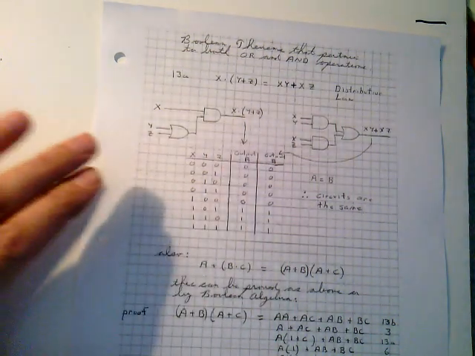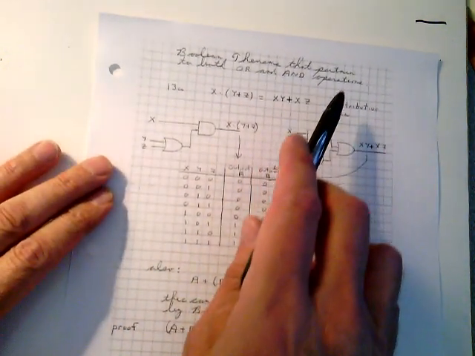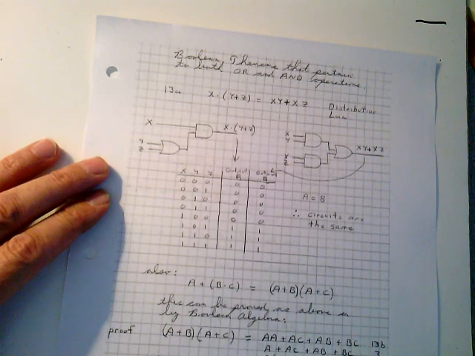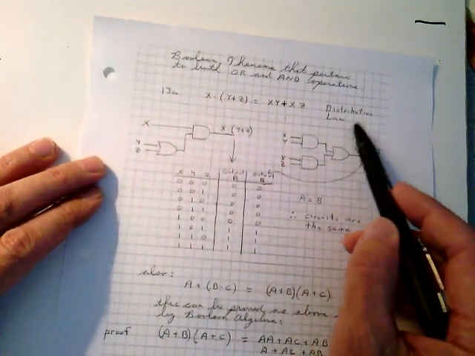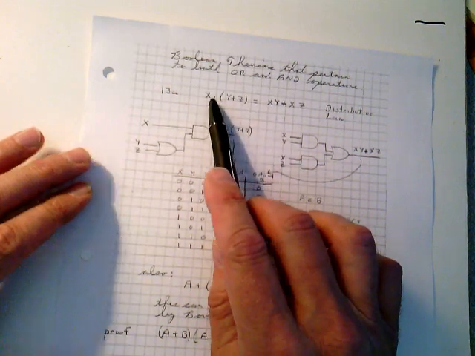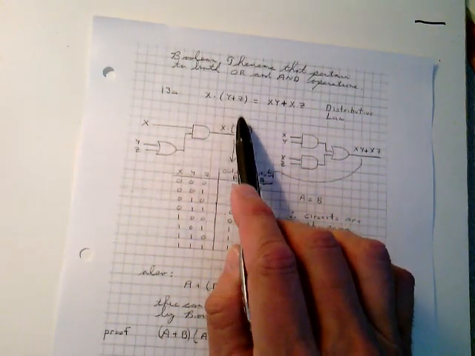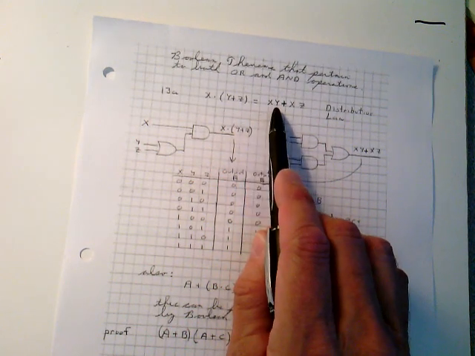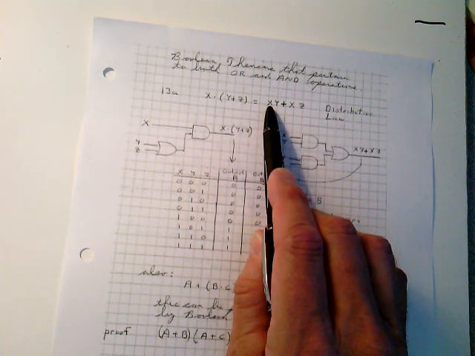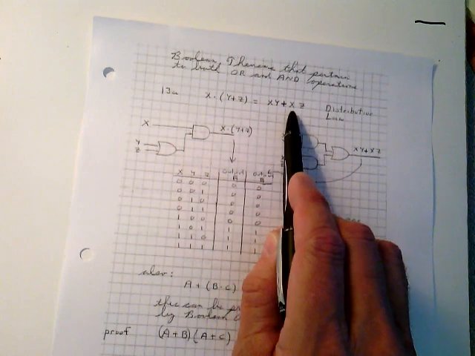Boolean theorems that pertain to both the OR and AND operations. Theorem 13a is the distributive law, and it says that if you have x and the quantity y or z, it's the same thing as x and y or x and z.